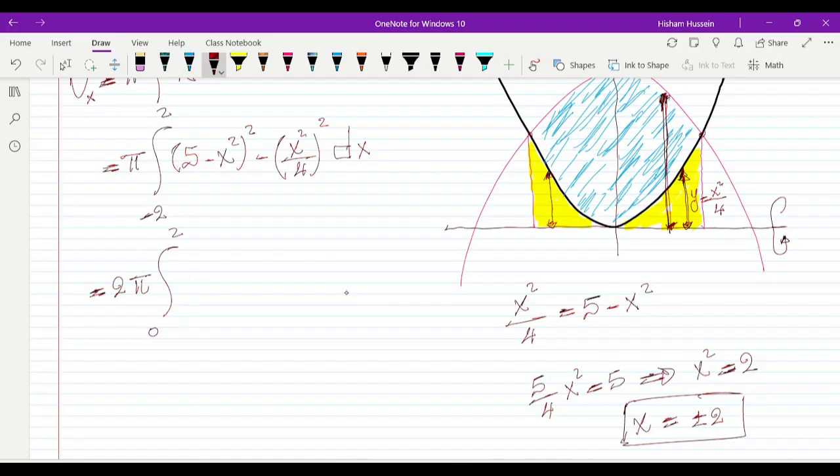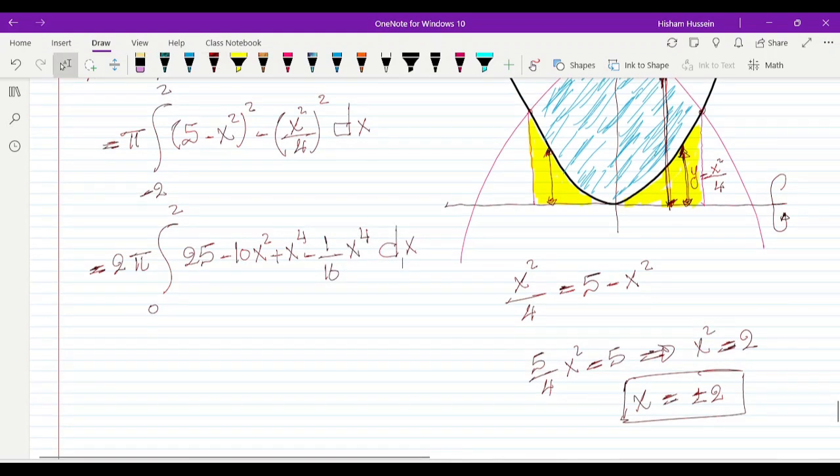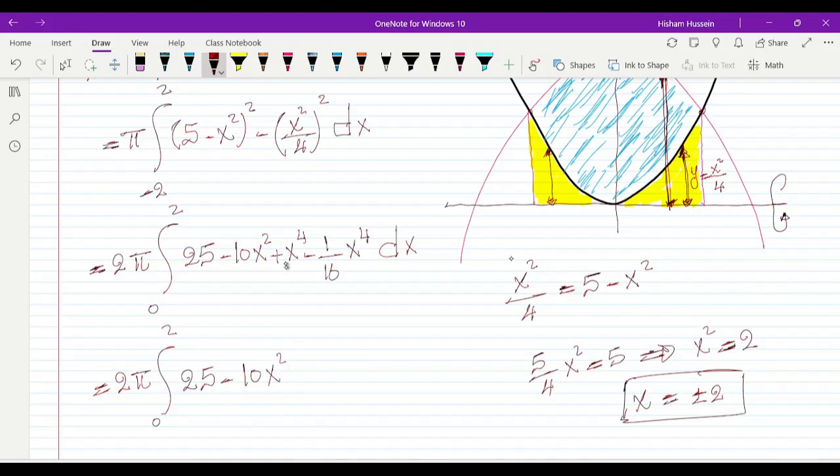Expand the first square: 25, first times second times 2 minus 10 x squared, the second square plus x to the power 4, minus 1 over 4 squared, this is 1 over 16 x to the power 4, dx. Collect the like terms. This equals 2 times the integration from 0 to 2 of 25 constant as it is, minus 10 x to the power 2, plus x to the power 4 minus 1 over 16 x to the power 4, this is 15 over 16 x to the power 4, dx.